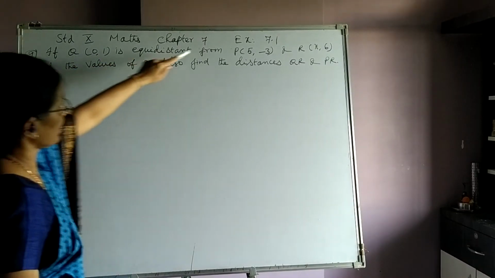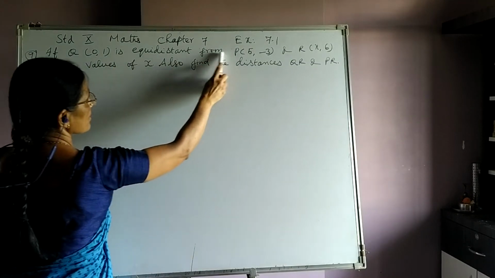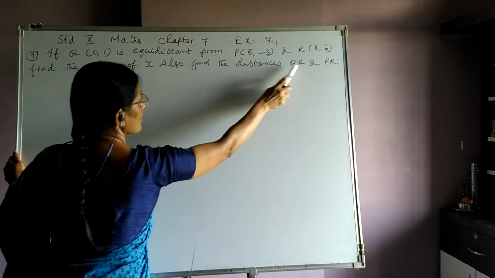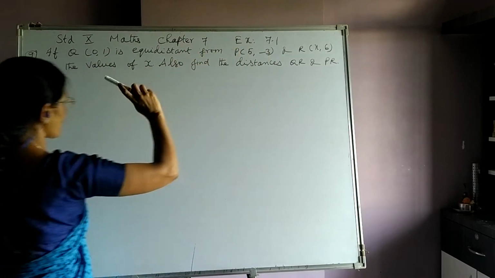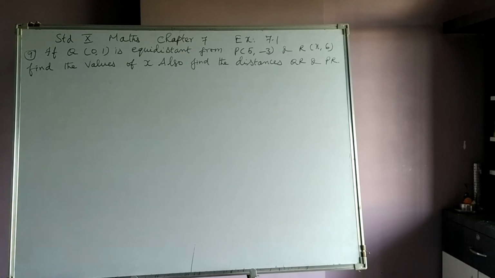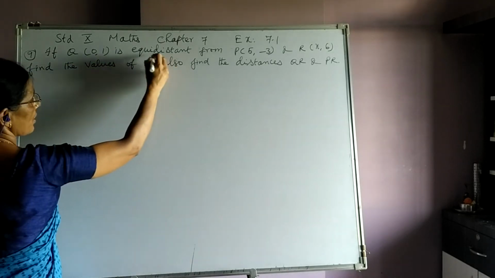Ninth sum of exercise 7.1. If Q is equidistant from P and R, find the values of x. That is the first part of the question. Also find the distances QR and PR. So after finding the value of x, we can find out distances QR and PR. So we are going to use the term equidistant.